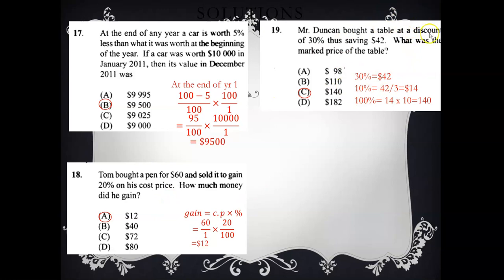So the other way that I did it was to say that, okay, 30% is $42. That means 10% would be 42 divided by 3, $14. And if we want 100%, then 10 times 10 is 100. So we multiply the 14 by 10 and get 140. So any way works.